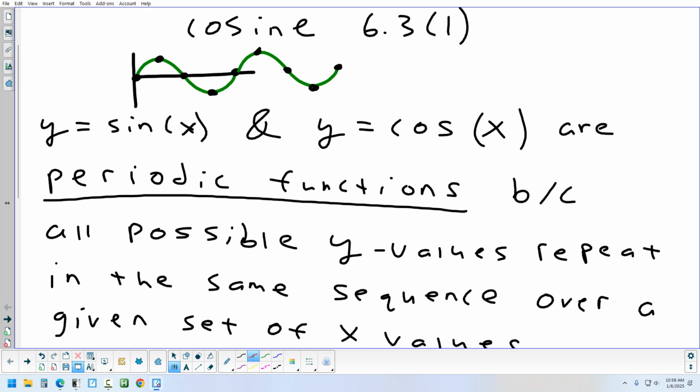Okay. What's the given set of x values? It's from here to here. That distance between those two red marks, that's the distance that you have to travel before the graph repeats itself.